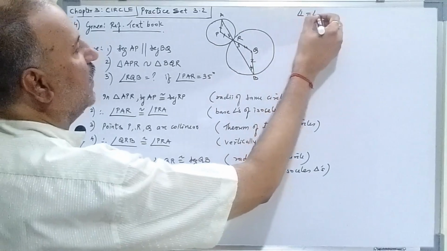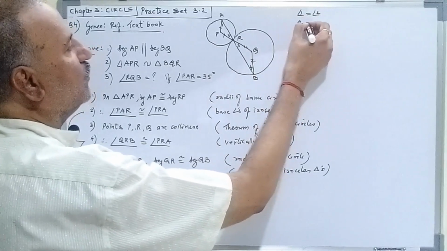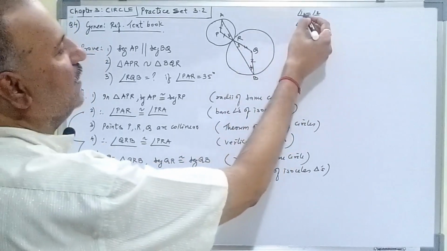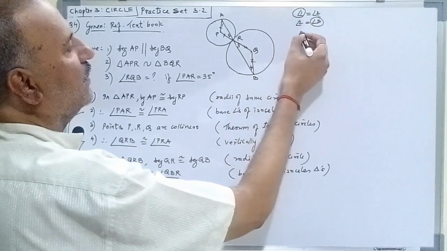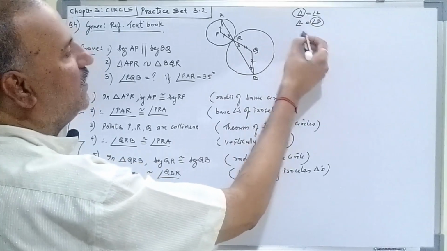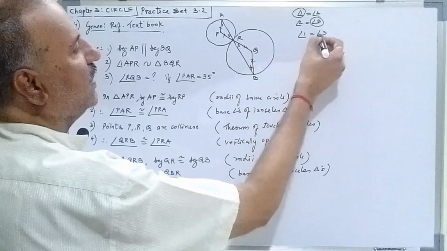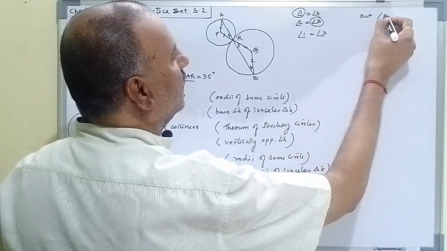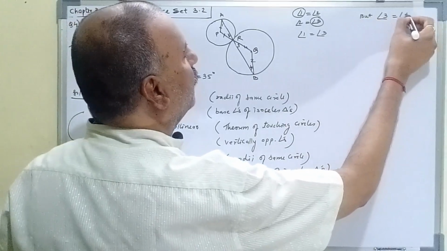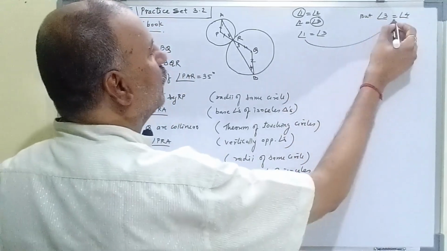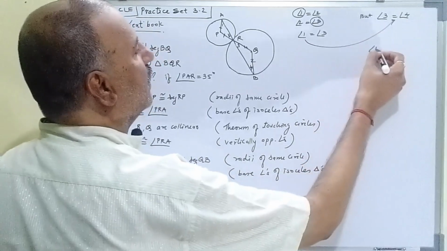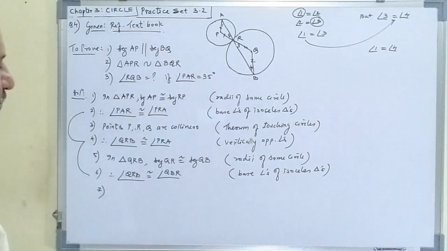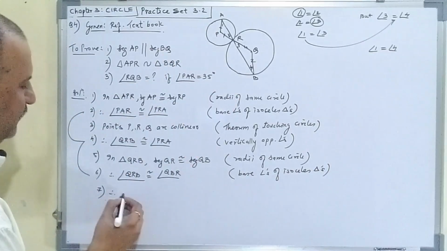Angle 1 is equal to angle 2. Angle 2 is equal to angle 3. So what does this mean? 1 and 3 are equal. So angle 1 is equal to angle 3. But angle 3 is equal to angle 4. So angle 1 will be equal to angle 4. So these two angles become equal, and they form alternate angles.